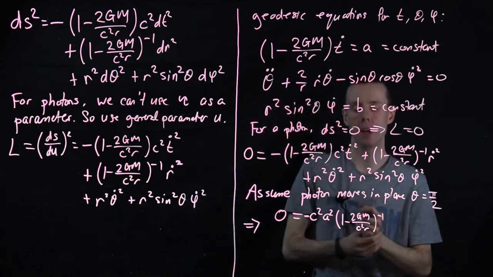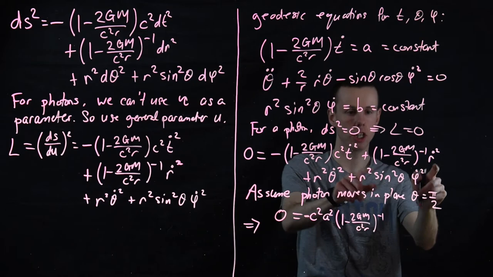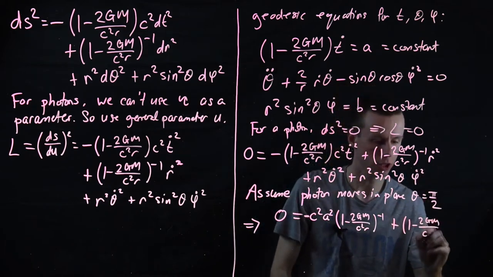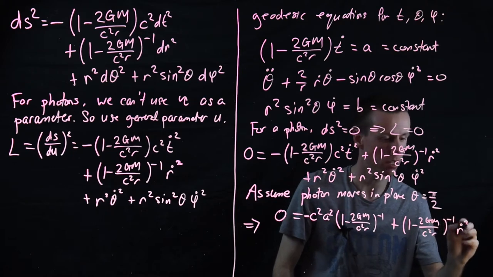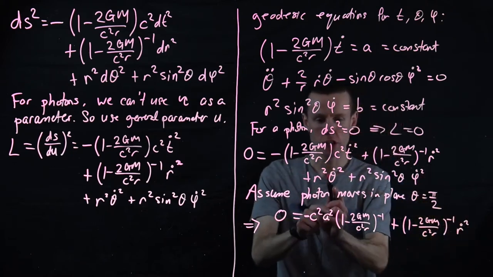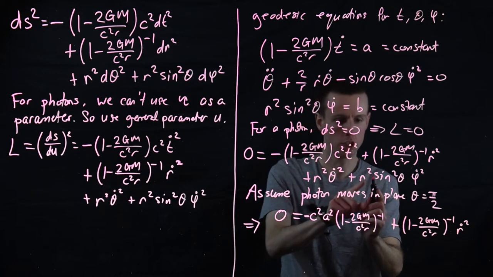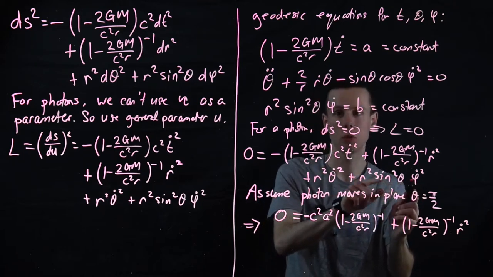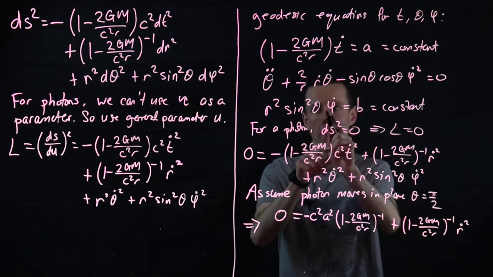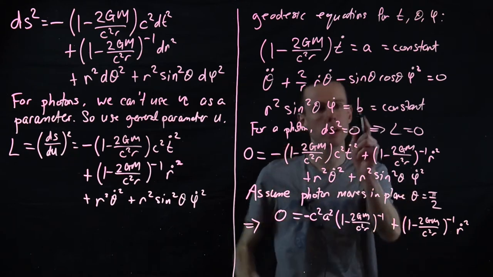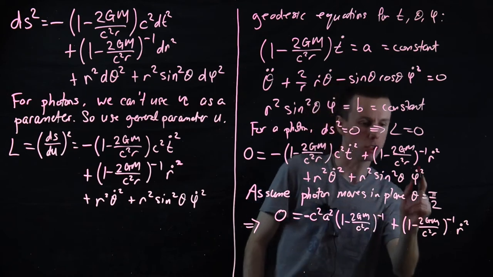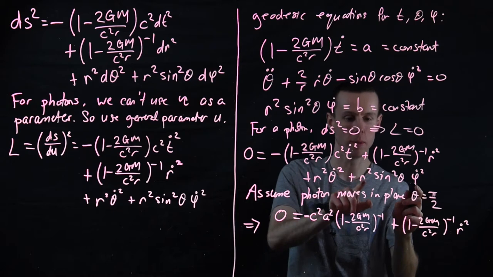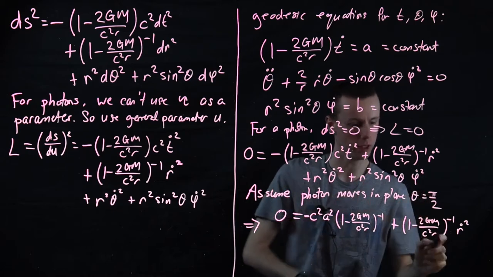Next term, let's just keep that one, so plus (1 minus 2GM over c squared r) to the minus 1 r dot squared. This term is 0 because theta dot is 0, and then this term will just be r squared. Sine theta is 1, phi dot will just be B over r squared, so phi dot squared will be B squared over r to the 4. So when you multiply by this r squared, you just get B squared over r squared.